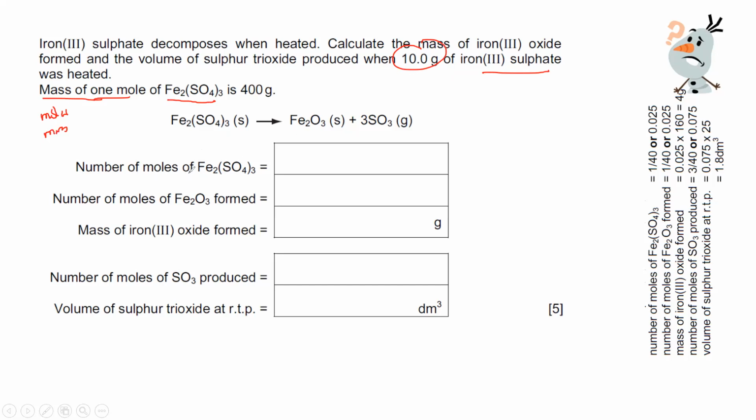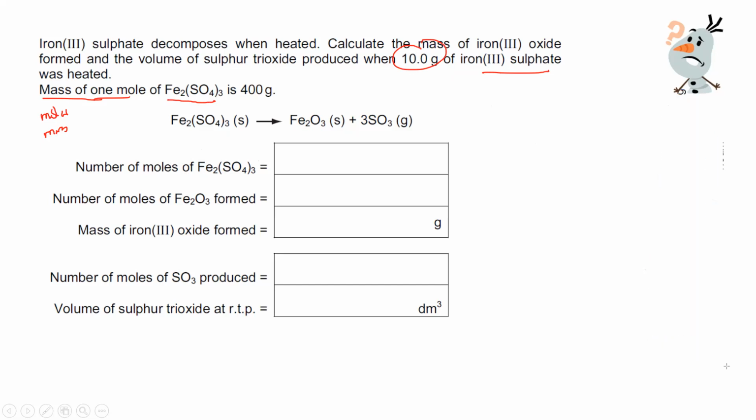So the first part they're asking is the number of moles of iron sulfate. How to get the number of moles of iron sulfate? We have the formula that moles equal mass in gram divided by the molar mass. So what is the mass in gram? Because we are finding the moles of iron sulfate, how much mass of iron sulfate is given in the question?